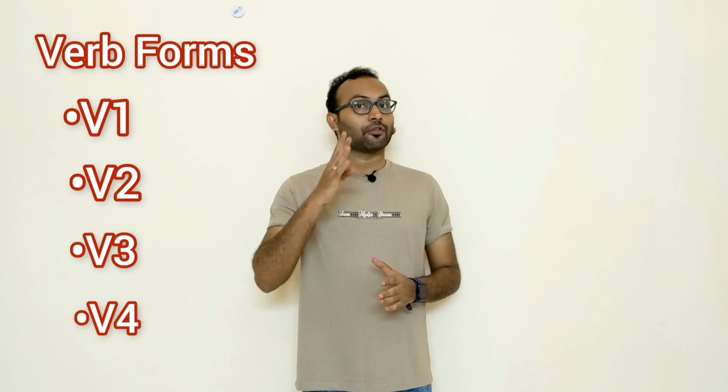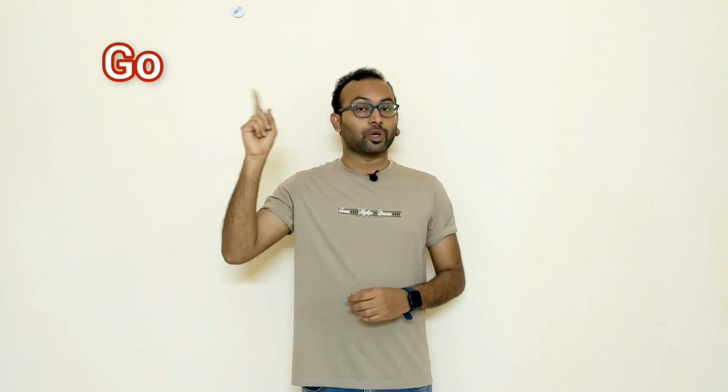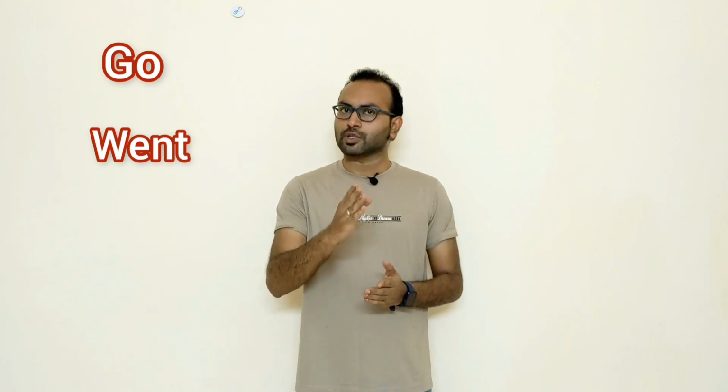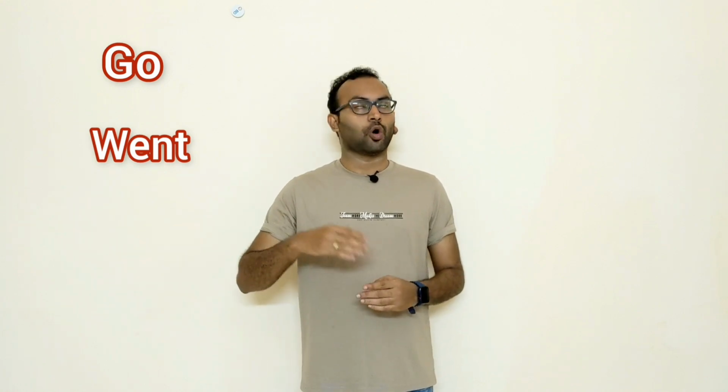Now, let's see a few examples to see the 4 different forms of the verb. The first word here is go. The 4 forms of the verb go are: V1, which is the present form of the verb, go; and V2, which is the past form of the verb go, which is went. Past form of the verb is usually used to talk about any past actions which are already done. Now V3.